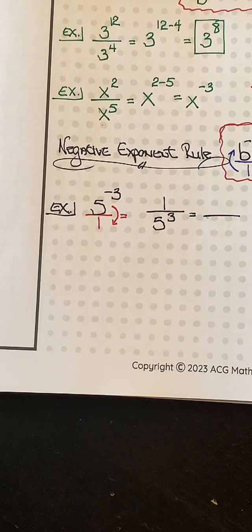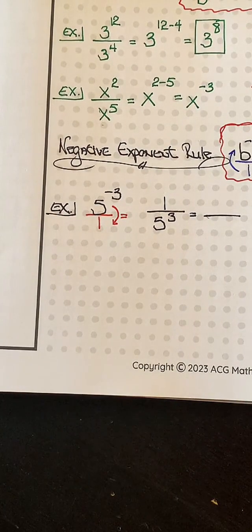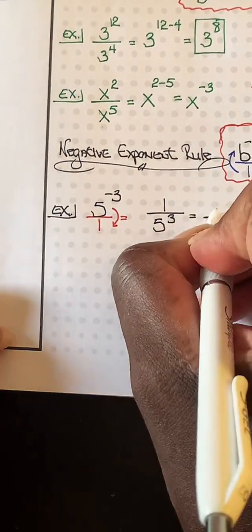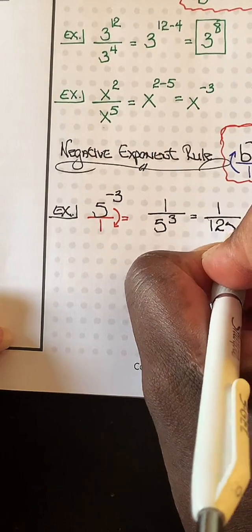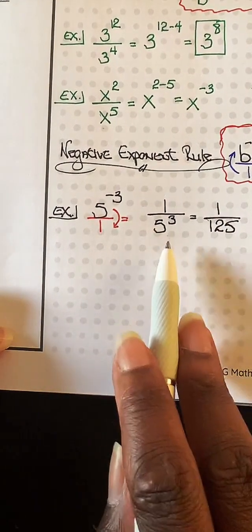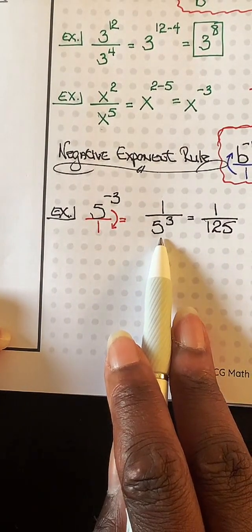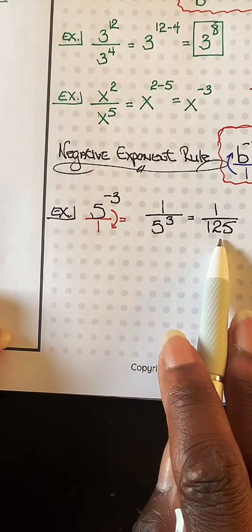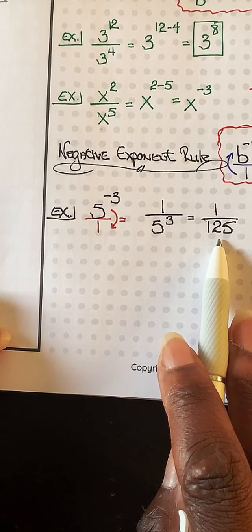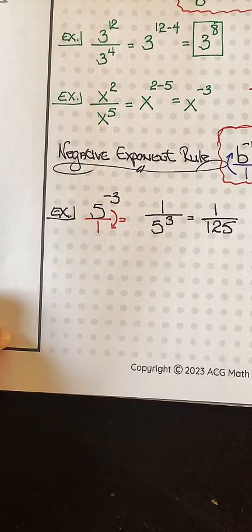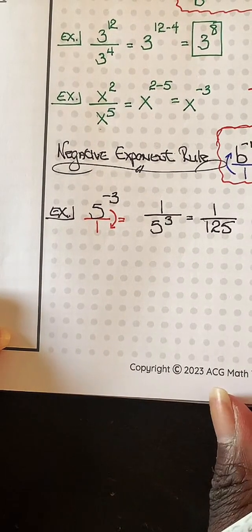Marvelly, thank you, 1 over 125. Good. So we got 1 over 125. So you could see the answer like this, or it might be a little more simplified like this. Okay? All right, so that's basically what's happening.